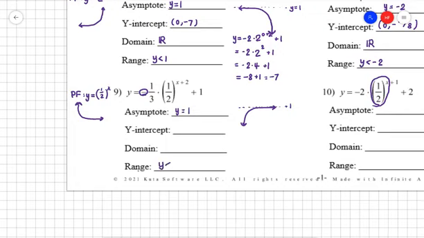So we're including everything less than 1 in our range. And -1/12 plus 1, which is 11/12.